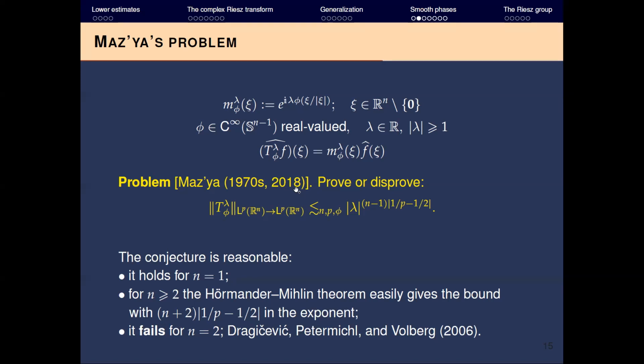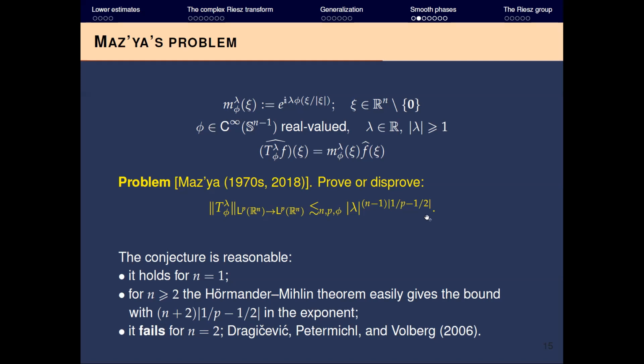So this was problem 15 on his list. The problem asks to prove or disprove this upper bound, right? So that those L^p norms grow like this particular power of lambda. In the exponent, you should have n-1 times this distance between 1/p and 1/2.